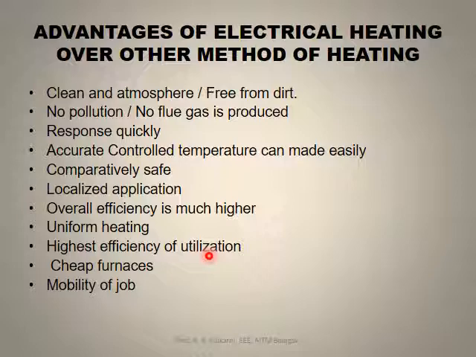So there the efficiency will be very less, but in case of electrical heating, the efficiency is very high, more than 90%. And the furnaces are comparatively priced very less as compared to various other furnaces. So these are the various advantages of using electrical heating over the other methods of heating.